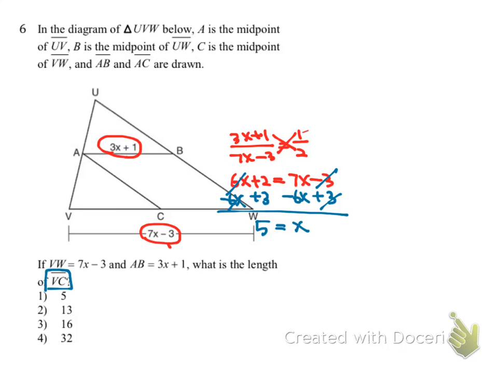VC, as you notice, is half of this line segment. To calculate that, we can put 5 here. So 7 times 5 minus 3. 7 times 5 is equal to 35, so we get 32. But VC is half of that, so we get 16 as our final answer.